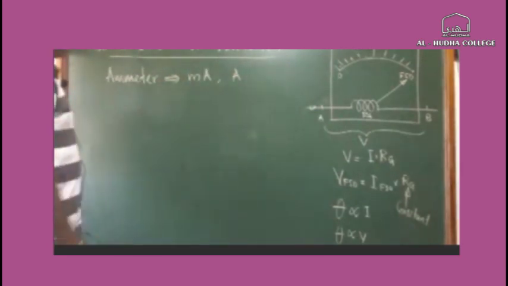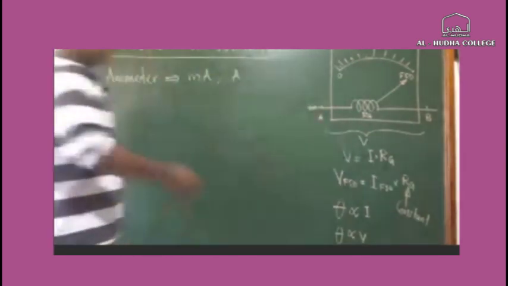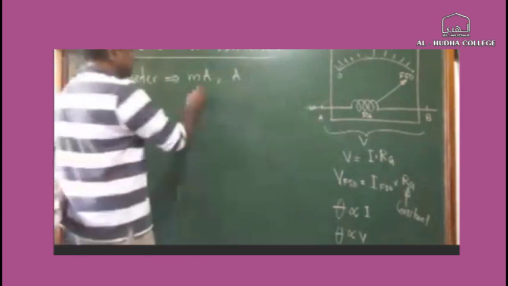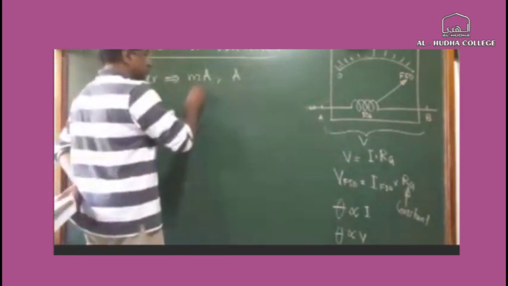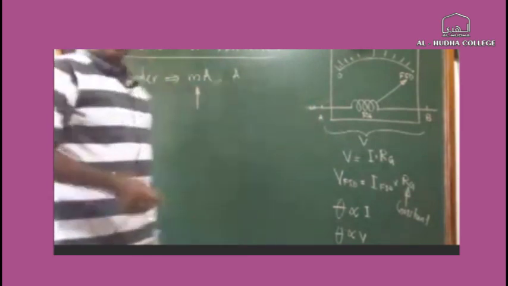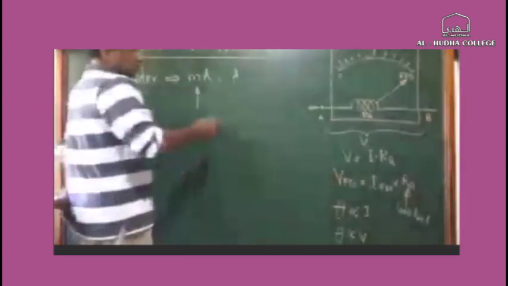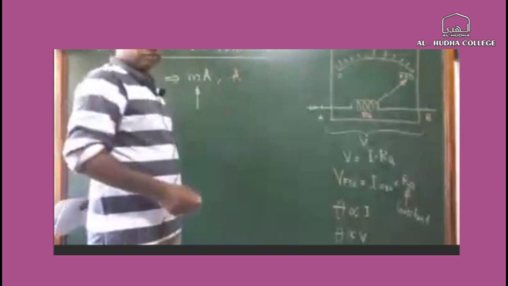Now we know that usually the galvanometer can be used to directly measure in milliamps. A milliamp range of current can be directly measured by a galvanometer, right?